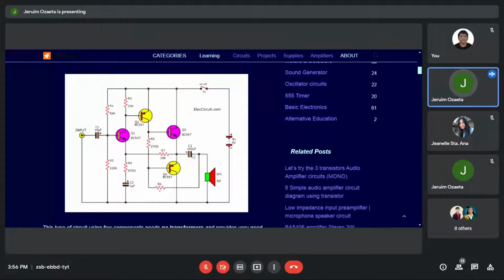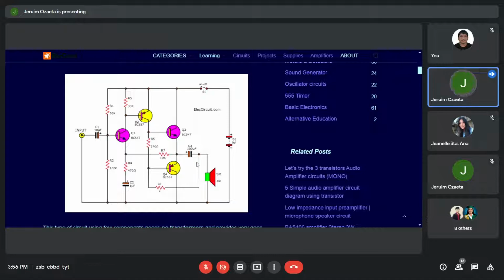It's expected here that when Q3 conducts, Q4 is non-conducting, so that the positive current will be present at Q3 to feed into the speaker. When Q3 stops, Q4 must start conducting to give a negative value through the speaker.